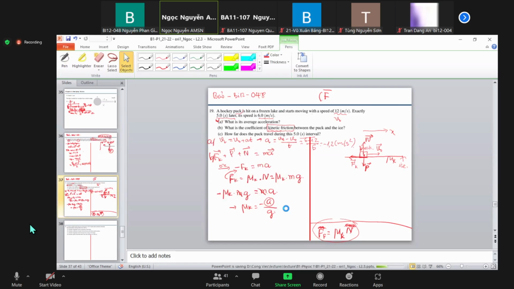And then you know the constant g, you can take 9.8, and tell me the value of mu k, please. 0.12. My result is 0.224. Okay, it's good.